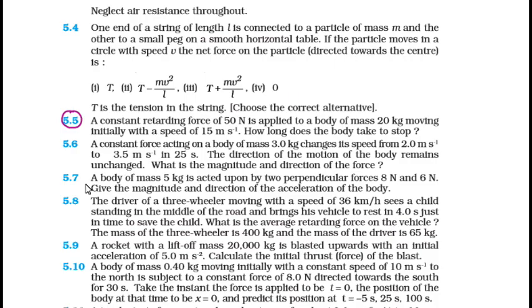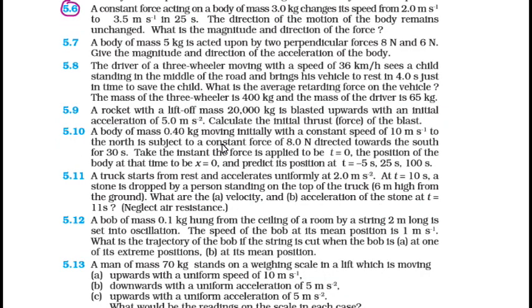Now, let us see the next question, which is 5.6. The question is, a constant force acting on a body of mass 3 kg changes its speed from 2 meter per second to 3.5 meter per second in 25 seconds.